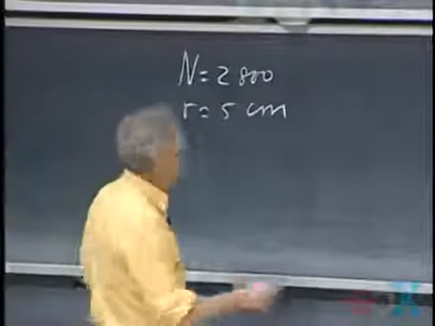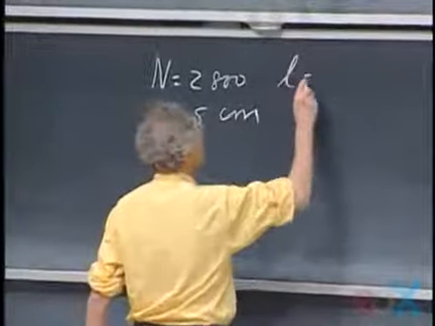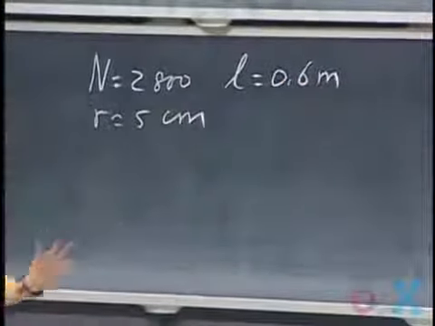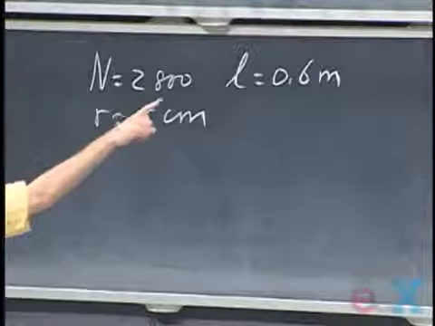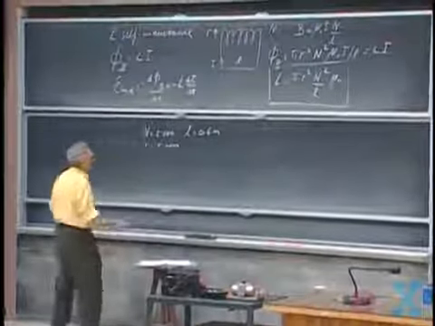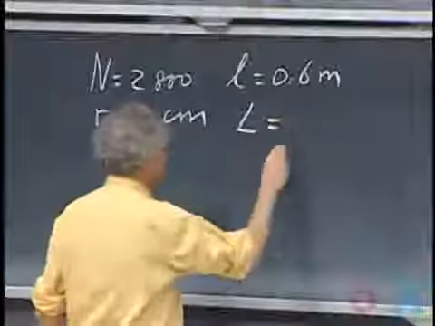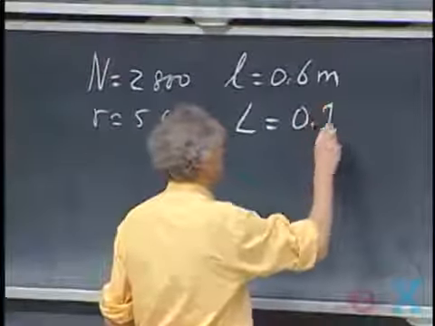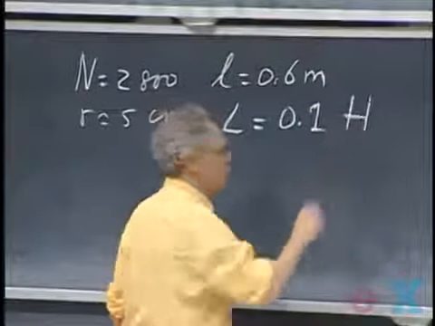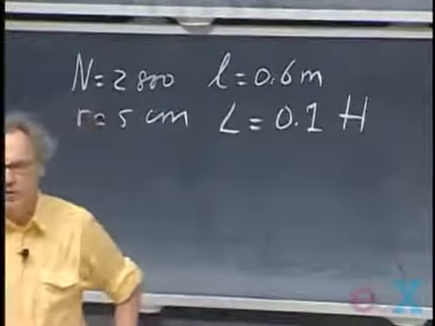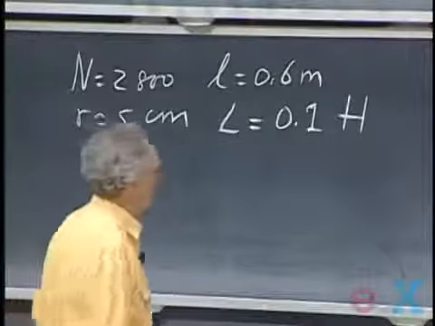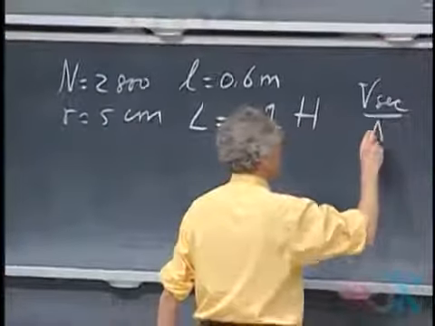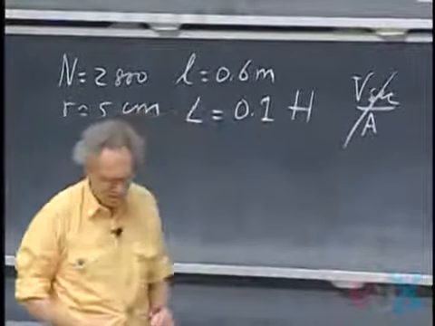And we had a length of 0.6 meters. We had it several times out here. And if you substitute those numbers in there, you will find that the self-inductance of that solenoid is 0.1 in SI units, and we call the SI units Henry, capital H. It would be the same as volt seconds per ampere, but no one would ever use that. We call that Henry.